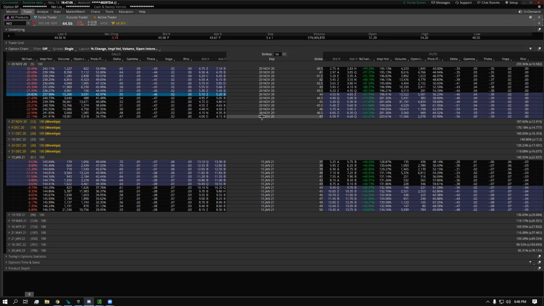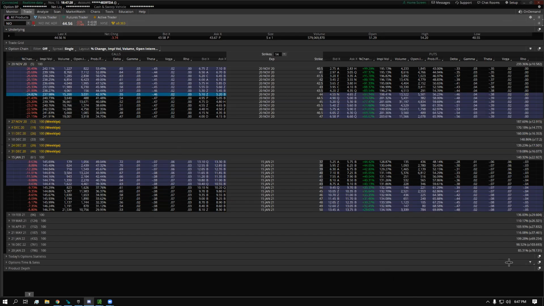So the first thing you want to do is look at your Vega number. On the November 20th contract, we have a Vega of 0.02. So we're going to take that number, right? And we're going to multiply it by the difference of our implied volatility on that contract minus the average implied volatility, right?